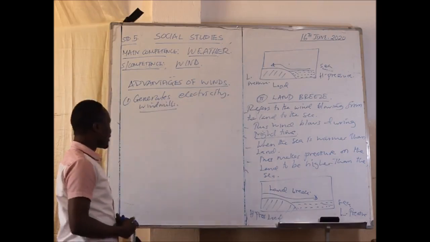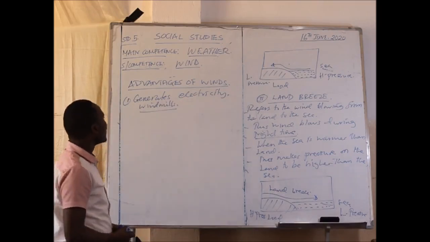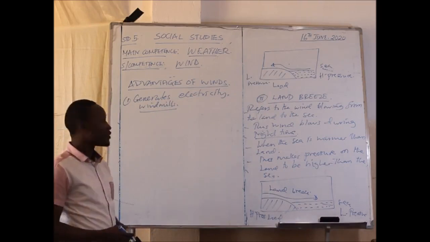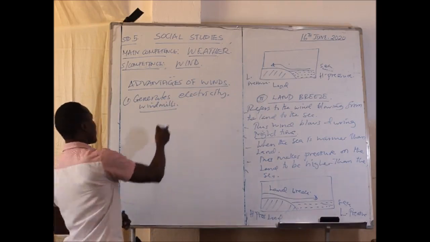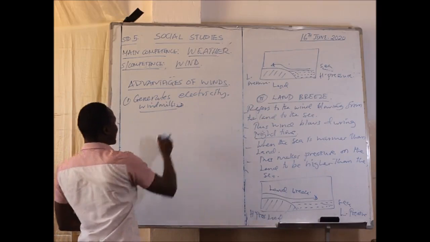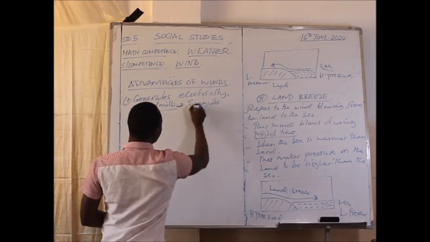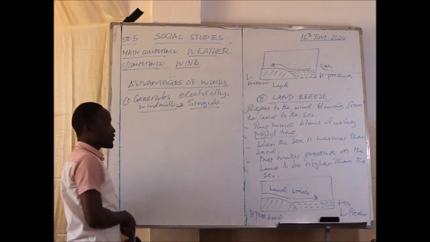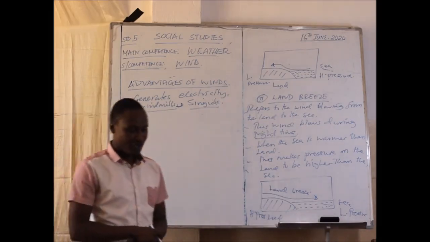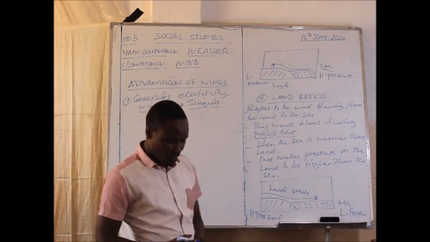This device is very important for generating electricity from the wind. For example, in Tanzania we have this region called Singida. This region is very famous for generating electricity from the wind.